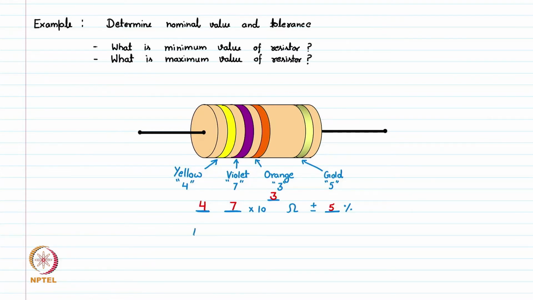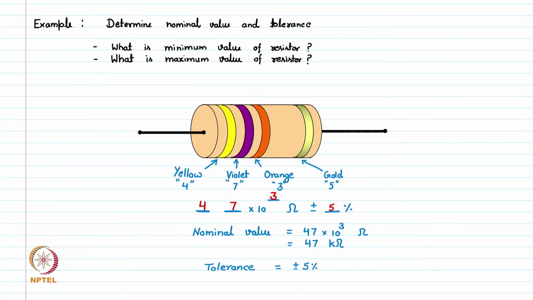So the resistor nominal value will be equal to 47 multiplied by 10 to power 3 ohm. This comes out to be 47 kilo ohm. And the tolerance is plus minus 5%.